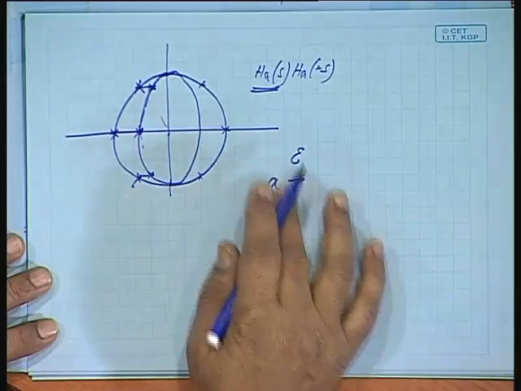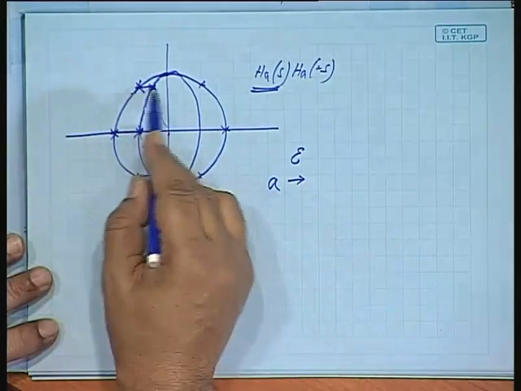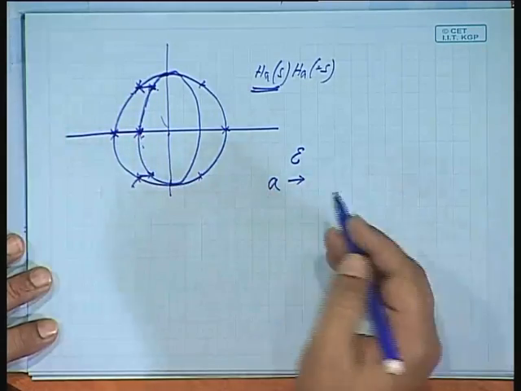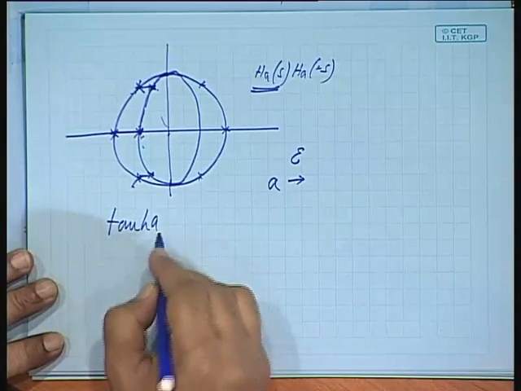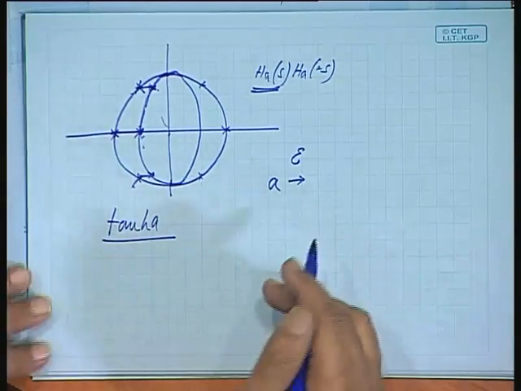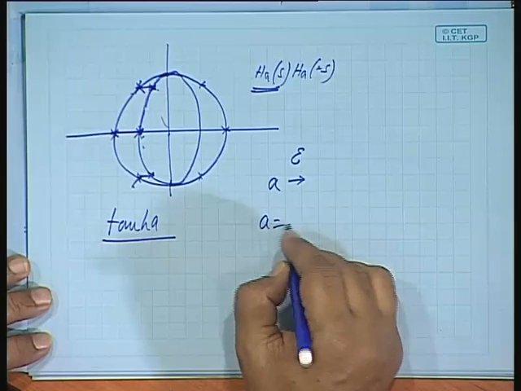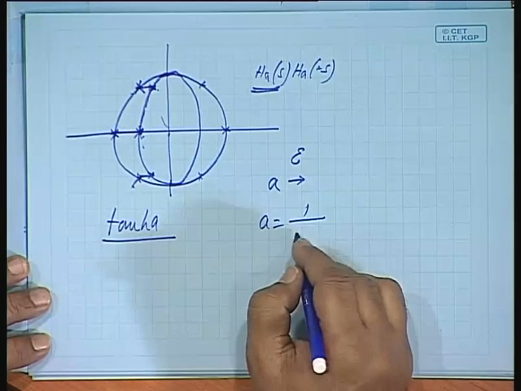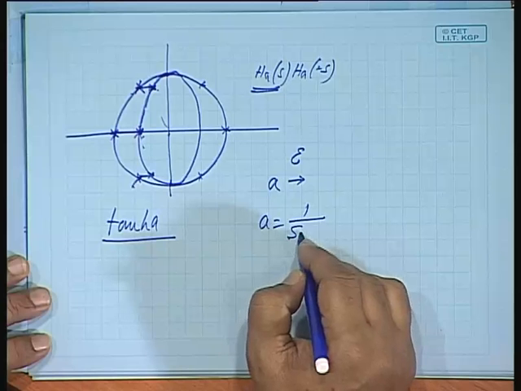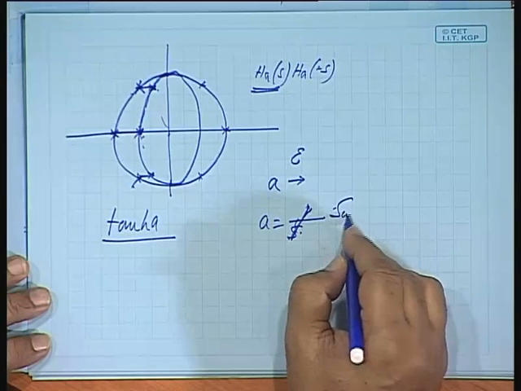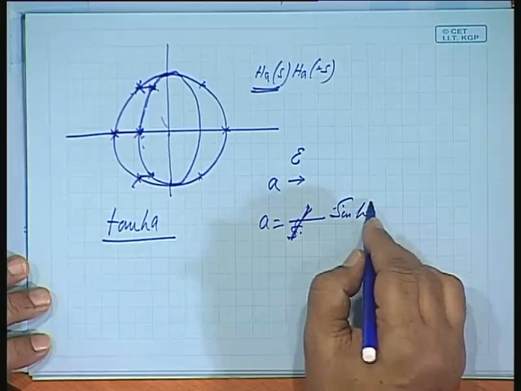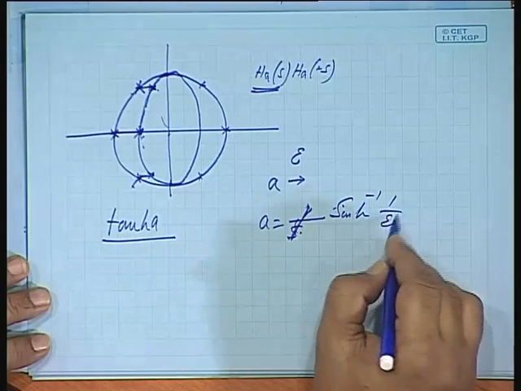We will not discuss in detail the methods of computing these roots, they are very standard. So, it is basically tanh A, which is the factor by which it should be squeezed, and A is something like 1 by sinh inverse of 1 by epsilon, something like this.